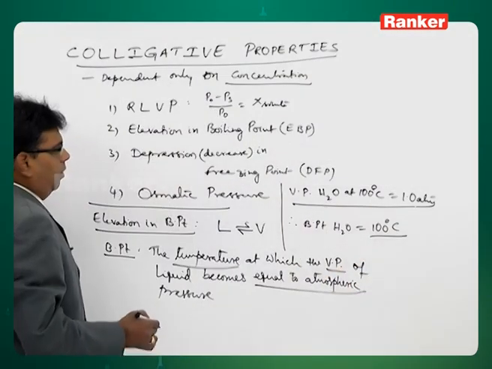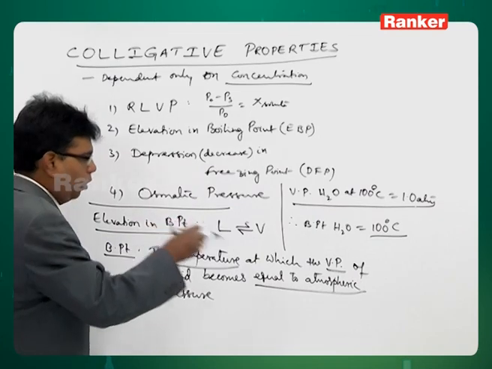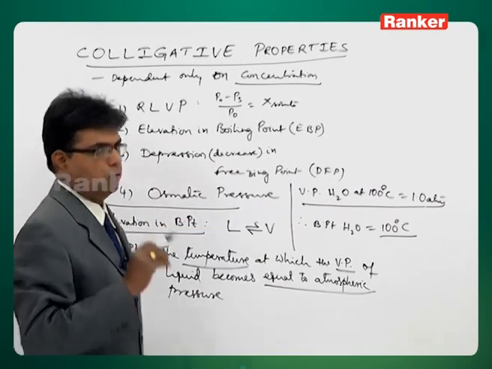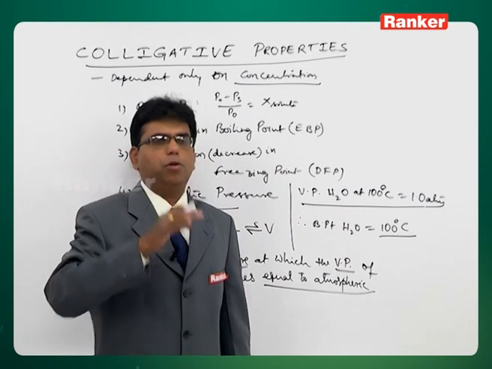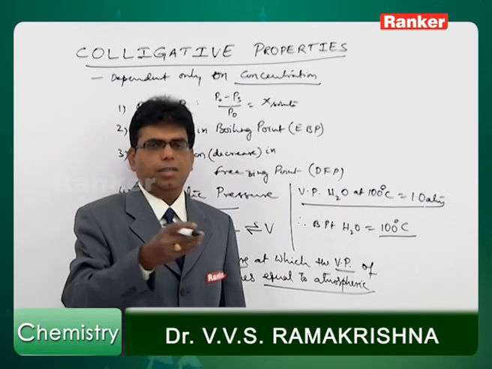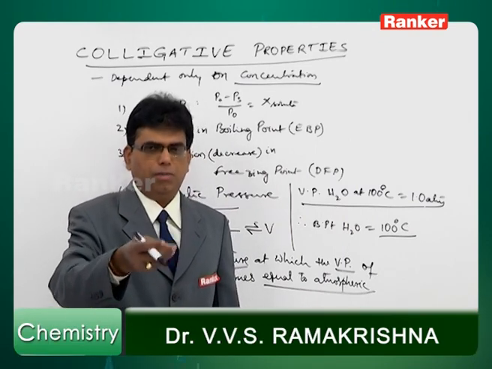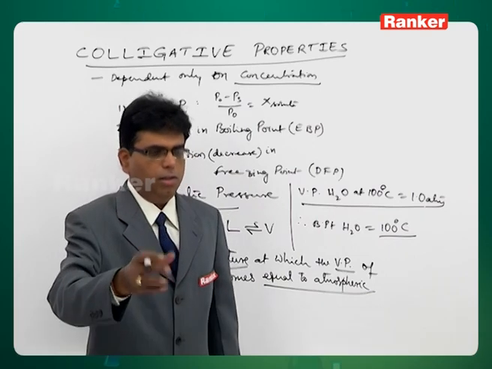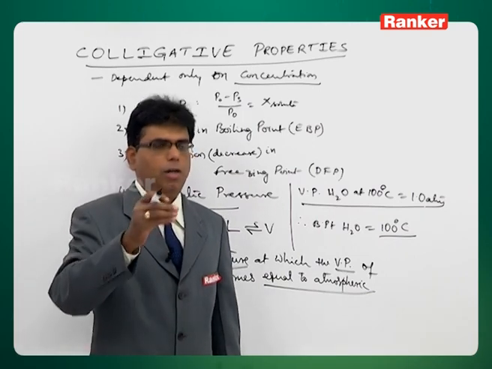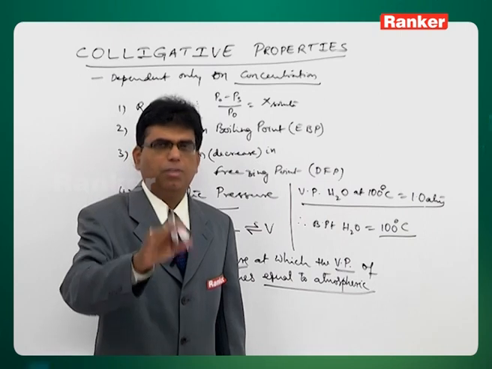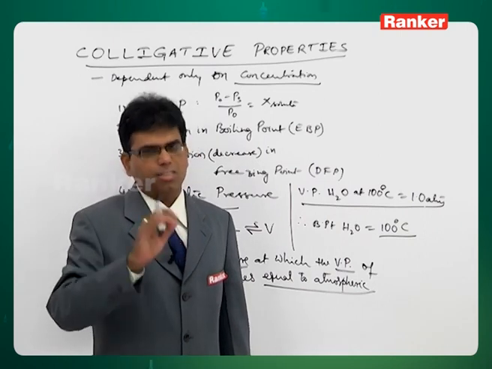Now, if you add a solute into the pure solvent, for example sodium chloride to water, according to Raoult's law and the vapor pressure concept we already discussed, when you add a non-volatile solute, the vapor pressure of the liquid decreases.